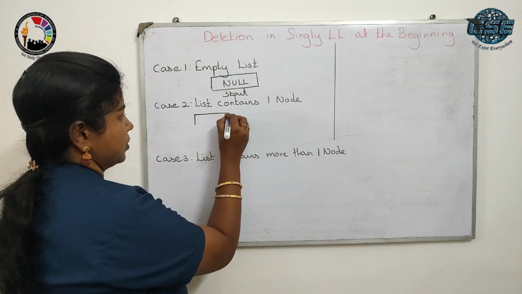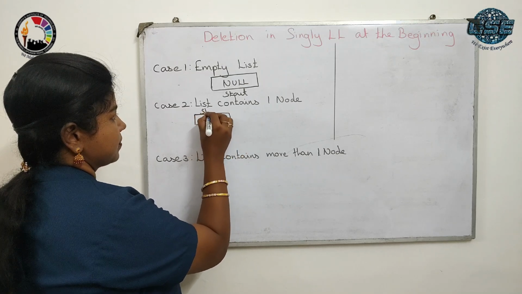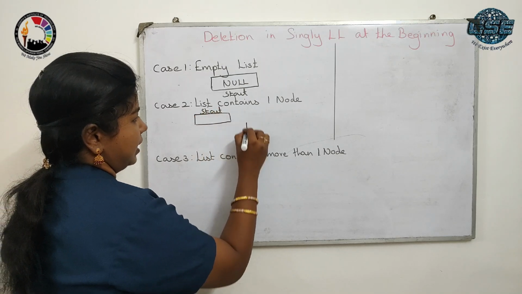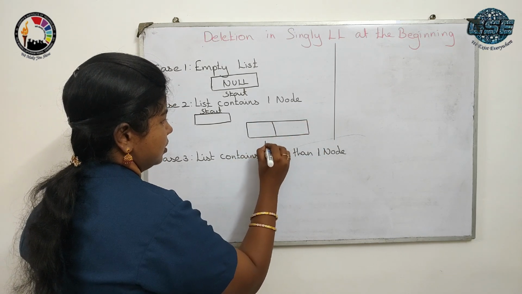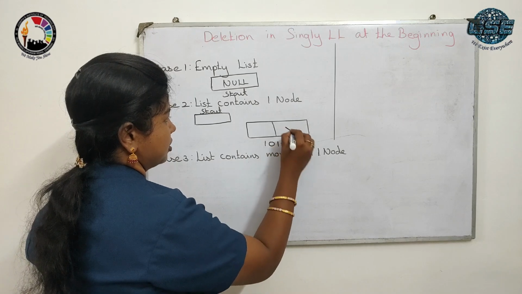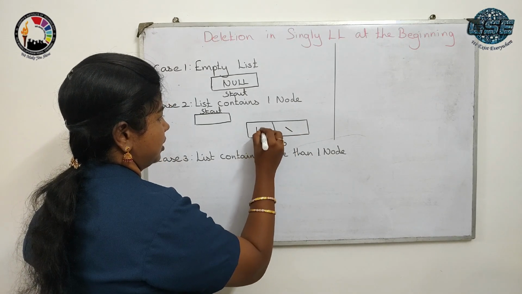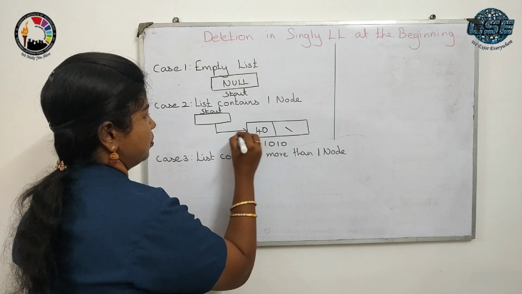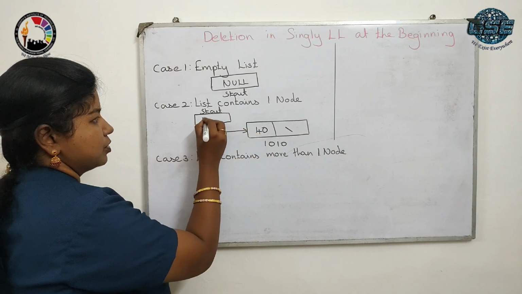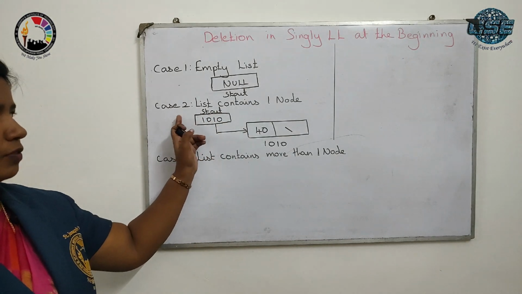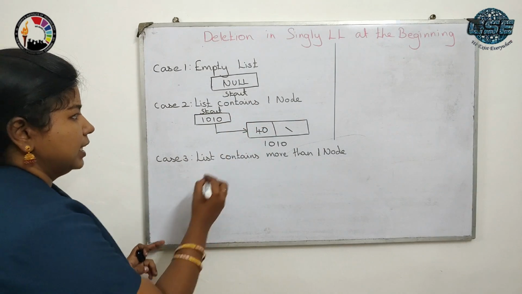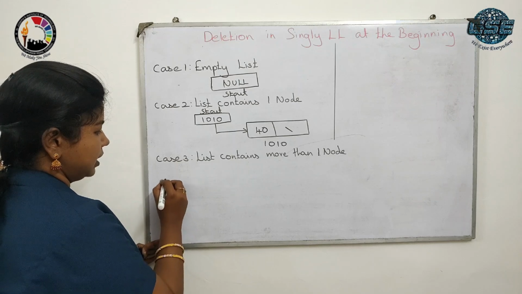So you will have a start and you will have only one node. This node will be at some memory address location and will have some value, and the start pointer will store the address of the first node. This is the representation of a list that contains a single node. Then the list that contains more than one node.